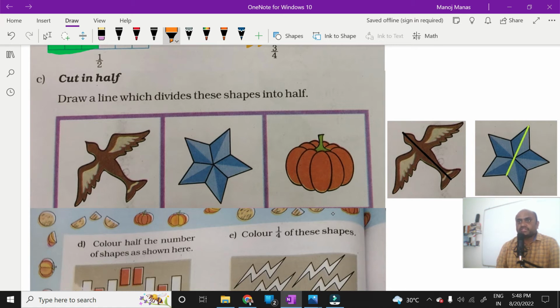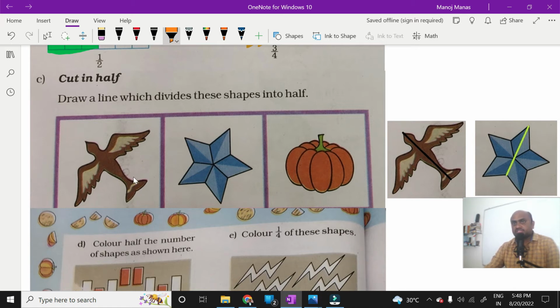Okay, so for this star also, if you draw a straight line from here to here, like you can see in this, I have drawn here. So to save time I have already drawn it and kept it here, which will be easy for us. Otherwise we will be wasting time in the class here itself while drawing.